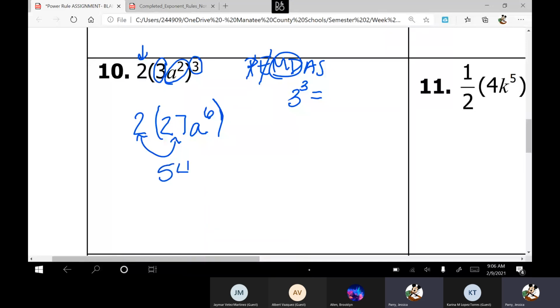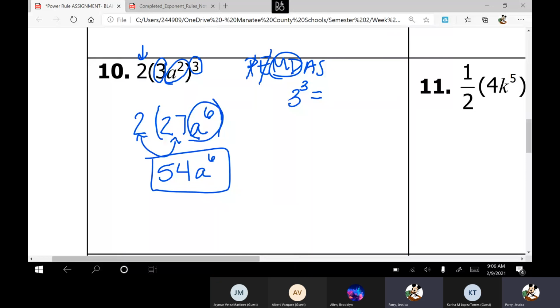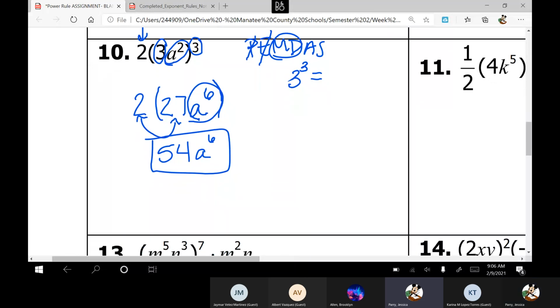You get 54. And then this a to the power of 6, you just rewrite a to the power of 6. And then number 10 is all finished. So you're still doing your normal power rule stuff, but some of these questions have a number that you have to multiply. That's going to be your last step, just doing that last set of multiplication.